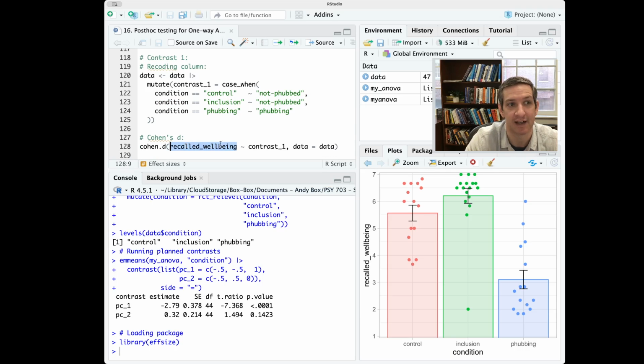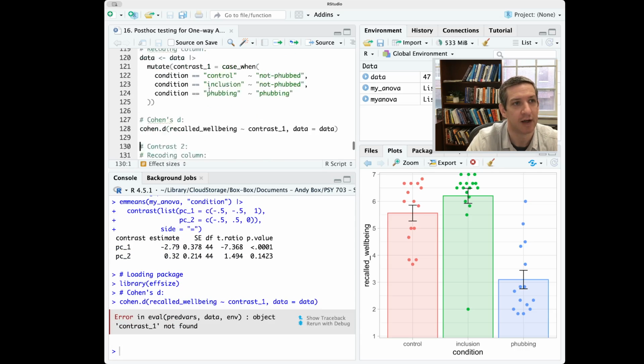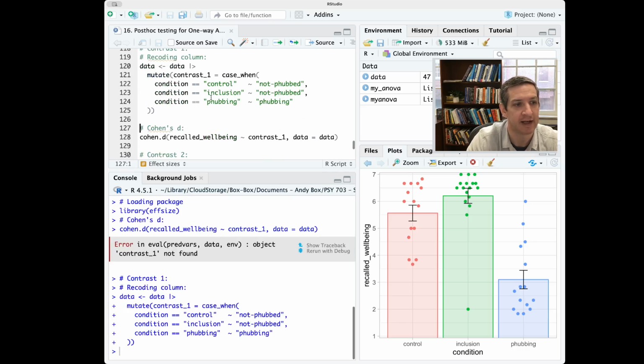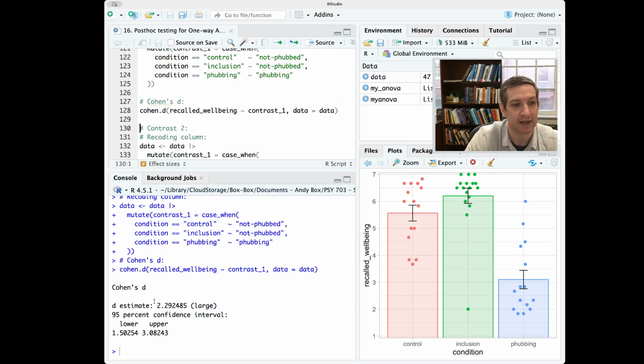So we're looking at, again, our dependent variable is recalled well-being, and we're predicting that from this dichotomous variable that we just computed. And when we run that, we get Cohen's d, which we can see is just a cartoonishly large 2.29 is the difference between anyone who wasn't fubbed and anyone who was fubbed.